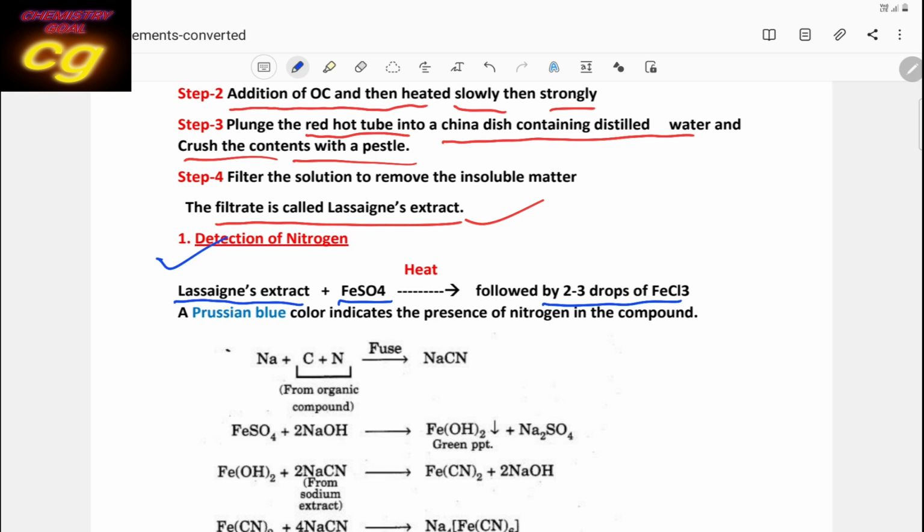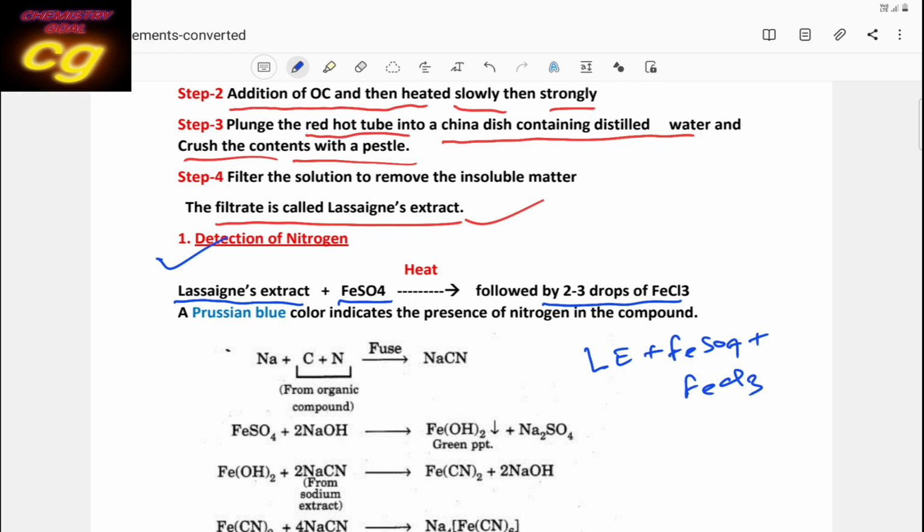So we take Lassaigne's extract, then ferrous sulfate solution, then ferric chloride, and this will be done in an alkaline medium, that is, sodium hydroxide medium will be used. So what type of chemical reaction takes place, what is the chemistry of this detection, we will discuss.